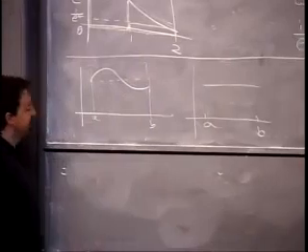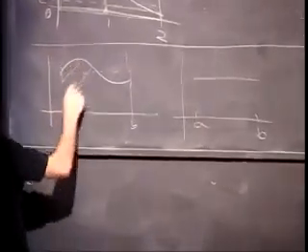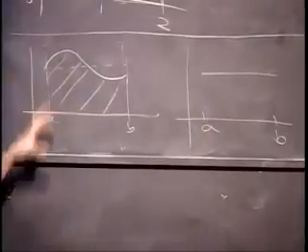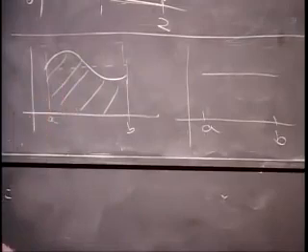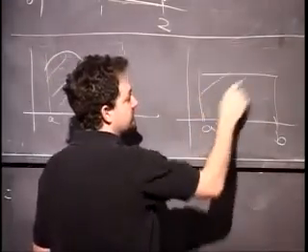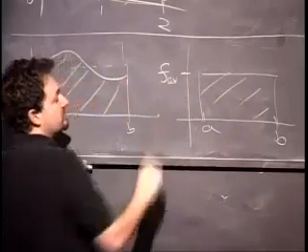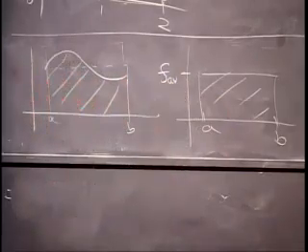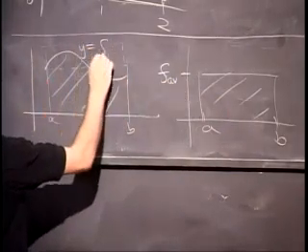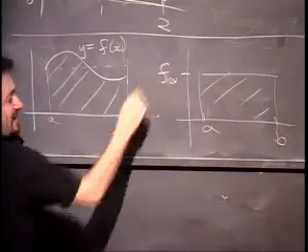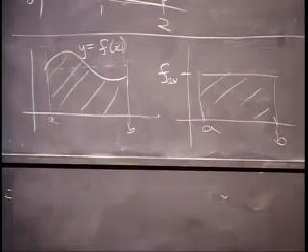But the main point is that the area, which is really volume, but we're looking at a cross-section here, the area here has to be the same as the area here. I'm going to call this the average value of f, which I'm going to write as f subscript av. This is, of course, y equals f of x, and this is the average over [a, b].